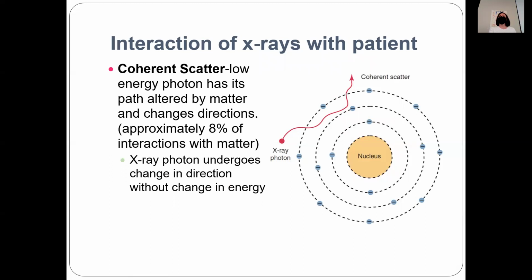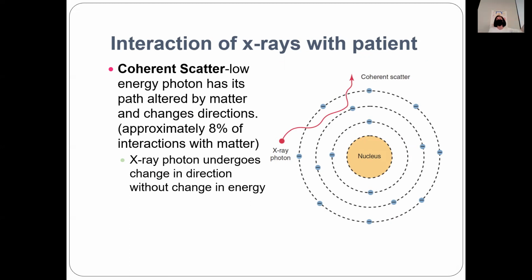It might change its path and then hit something the next time, but when it just changes course, it doesn't actually cause any effect to this atom. If this was a cheek cell or whatever it was, when it's coherent scatter, it doesn't actually do anything biologically to change it. It just kind of snuck through and changed direction.